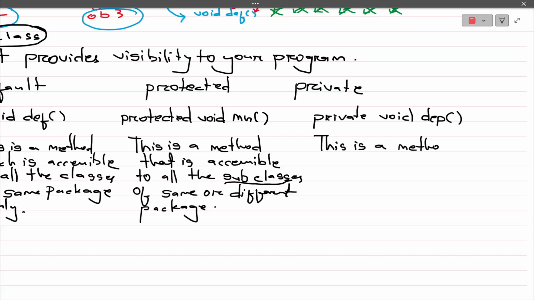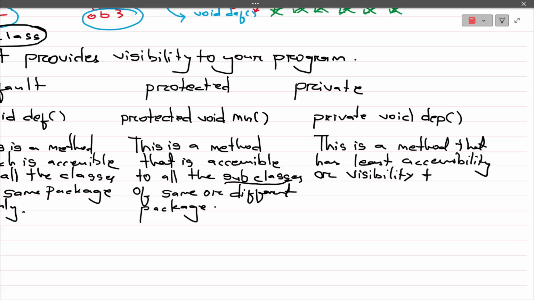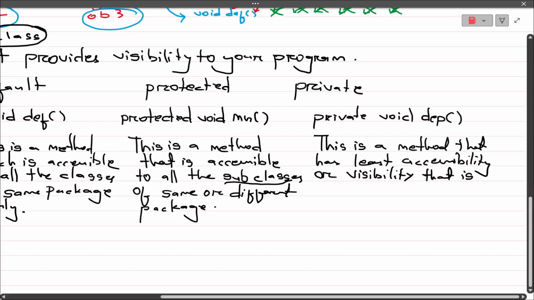This is a method that has the least accessibility, or visibility, that is, they are accessible only to its own class. This is all about private.